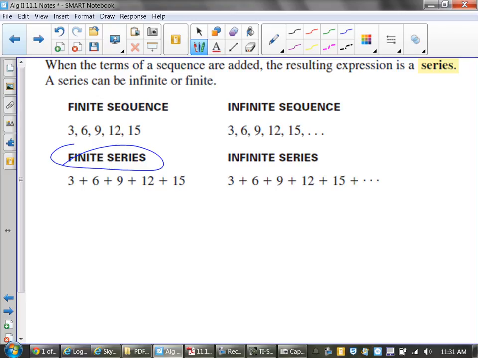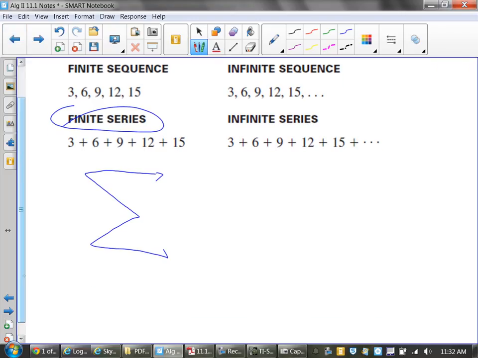And this is where we introduce you to what's called summation, sigma notation. It's the Greek letter sigma, means add, summation.